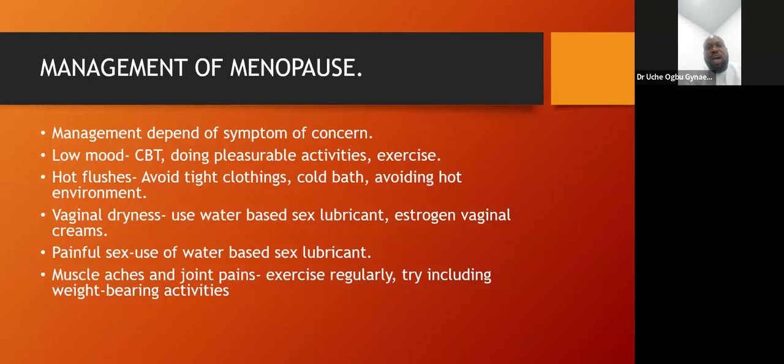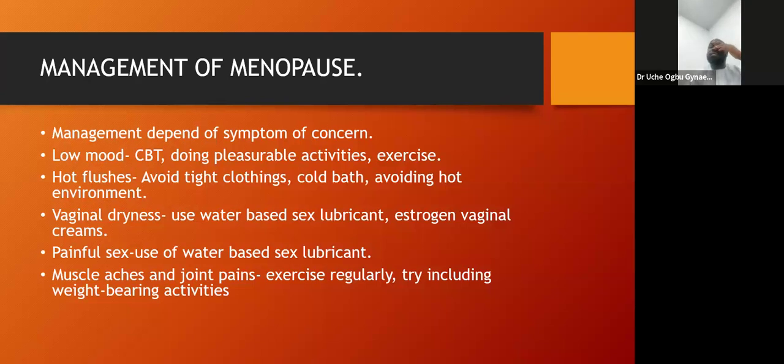For painful sex, the same thing, use of water-based sex lubricant has been found helpful. And for those experiencing muscle aches and joint pain, regular exercise, including weight-bearing activities, and use of calcium supplements and other supplements have been found to be helpful.